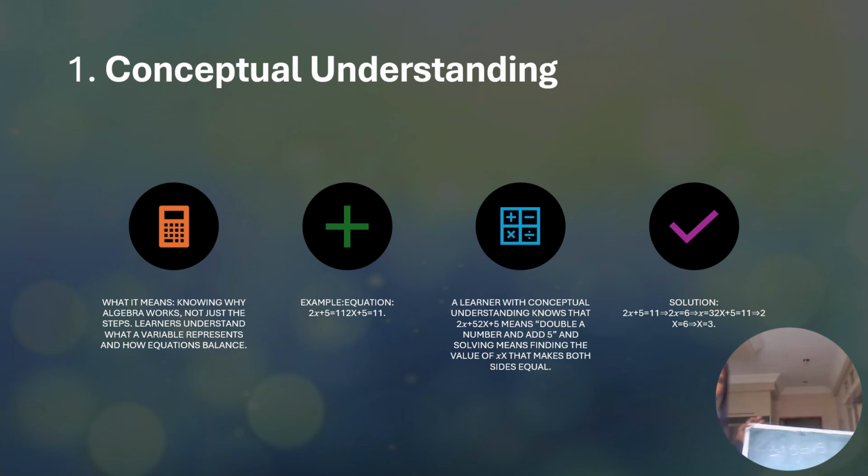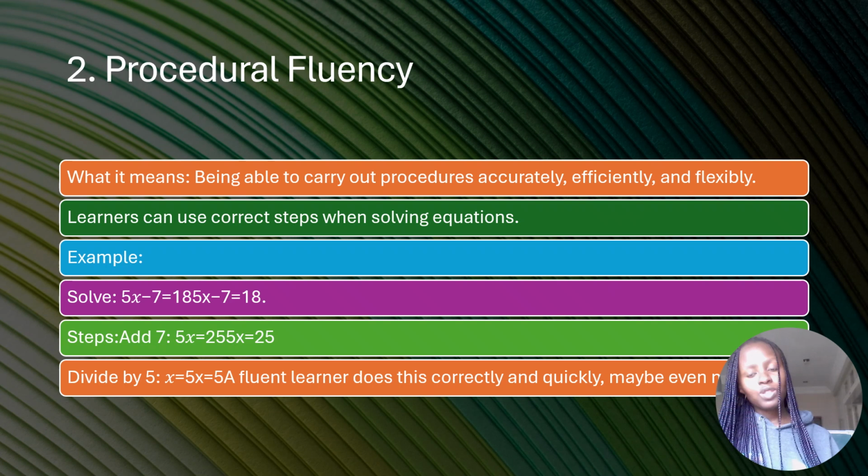Okay, now moving on to the next strand. The next strand is procedural fluency. This is about being able to carry out algebraic procedures correctly and efficiently. This means you should understand the steps that are taken in the most correct way.